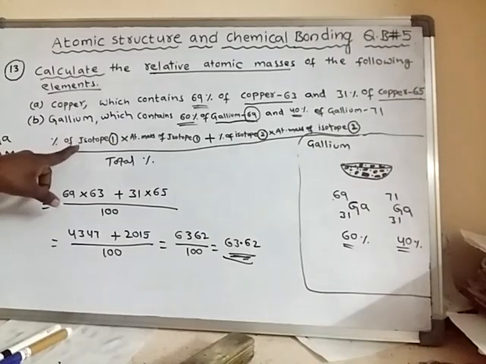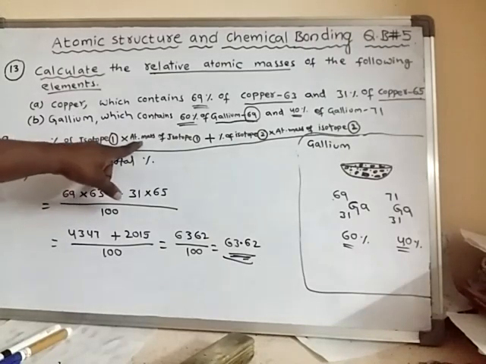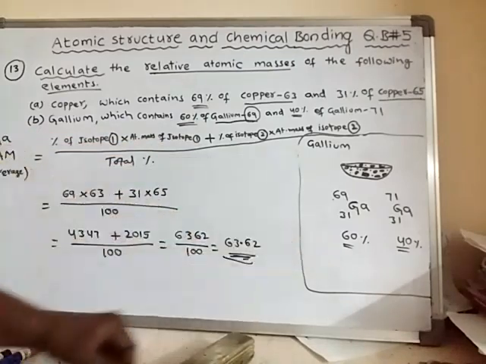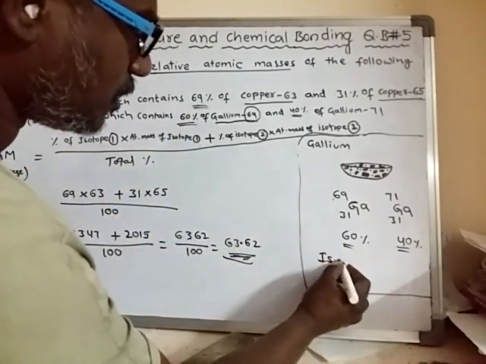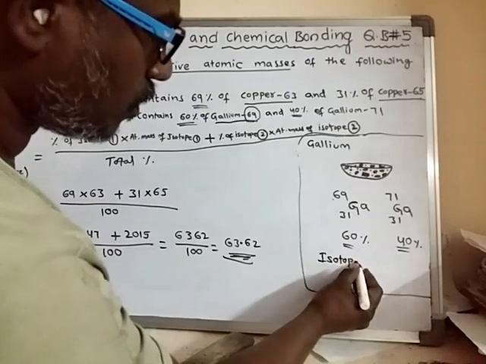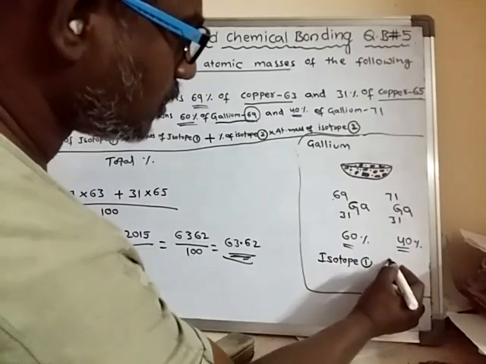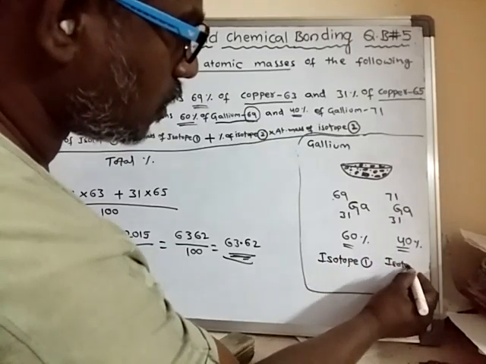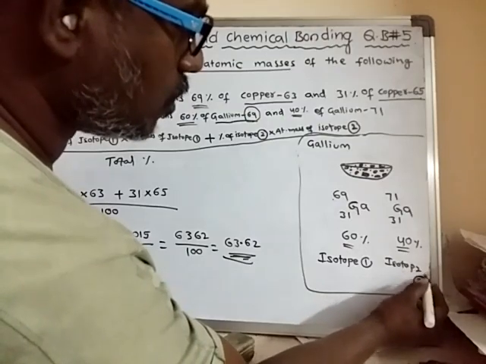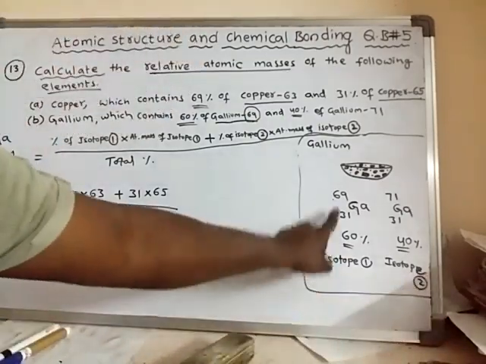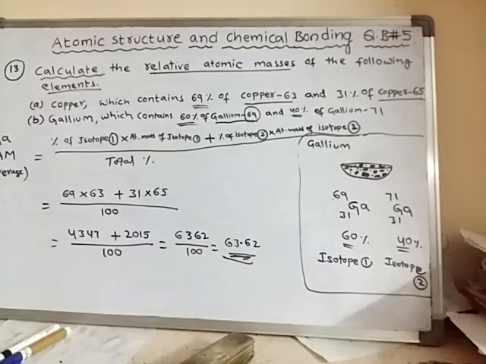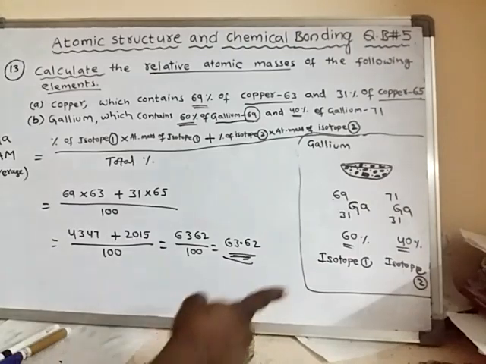Percentage of isotope 1 into atomic mass of isotope 1. Consider this as isotope 1 and this as isotope 2. These are the isotopes.